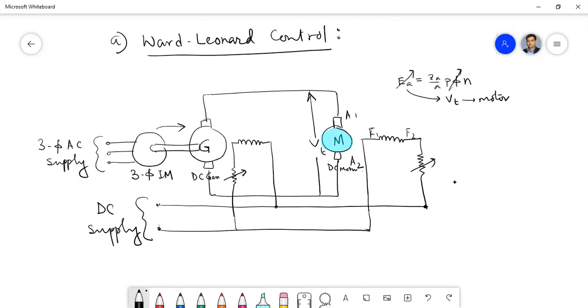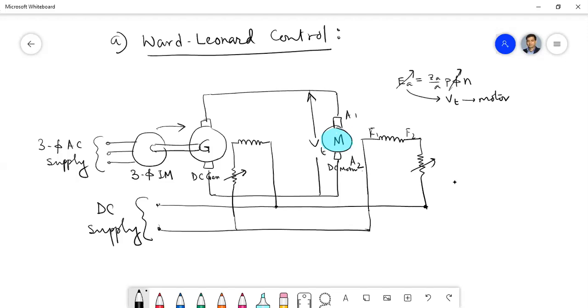You have to use a rheostat for that, and that rheostat will be connected in potential divider mode. As you know, a rheostat can be used in two different modes: one is the variable resistance mode, another is the potential divider mode. If we use the variable resistance mode, again it will be armature control, not terminal voltage control.